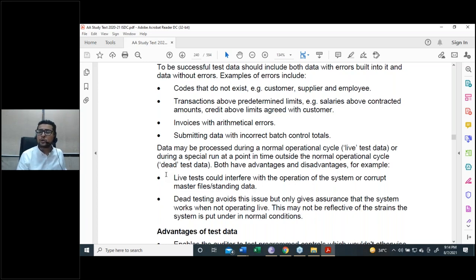And if I enter dummy data once your systems are not integrated with the master files, not integrated with the main server, this is called dead testing.